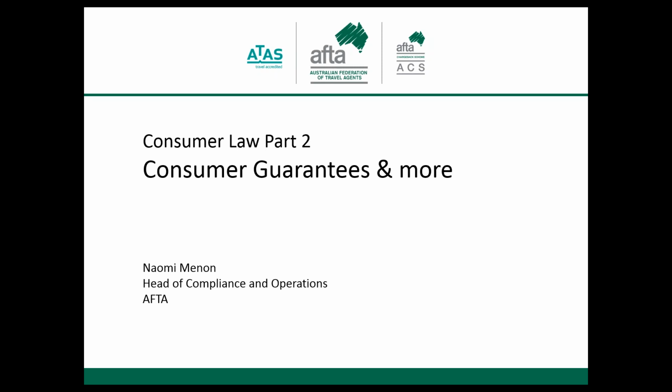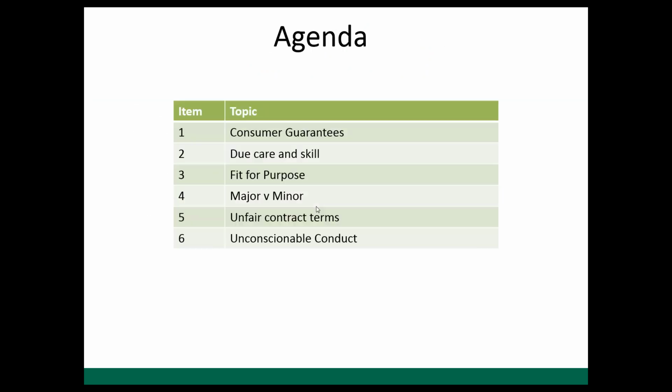Today we're going to be talking about some other parts of Australian consumer law, which is the consumer guarantees, and I'll also touch on unfair contract terms and unconscionable conduct.